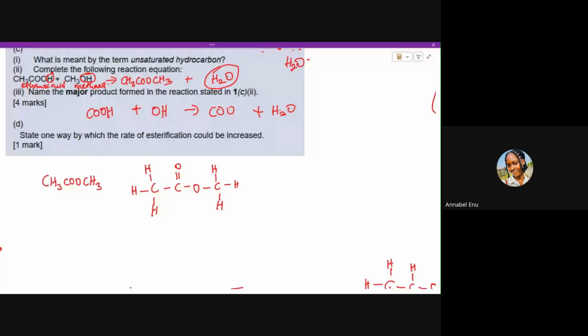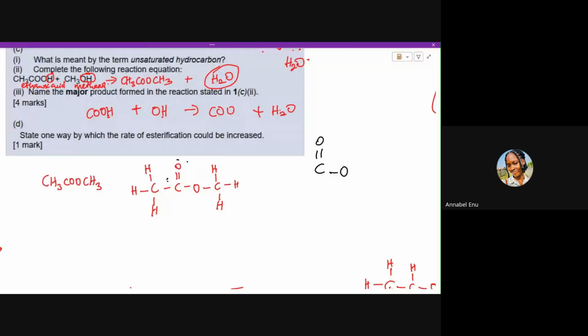So I said in order to name this, we'll look for the functional group. Where is the functional group? Look at the functional group here. The COO. This is the functional group for esters.